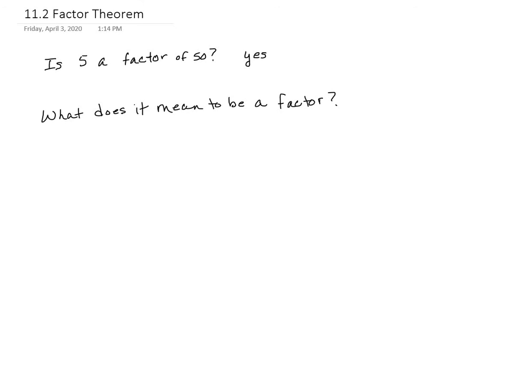So is 5 a factor of 50? Yes. And what does it mean to be a factor? Well, that means that I can take that number that I'm looking at, 5, and multiply it by something else in order to get the 50.